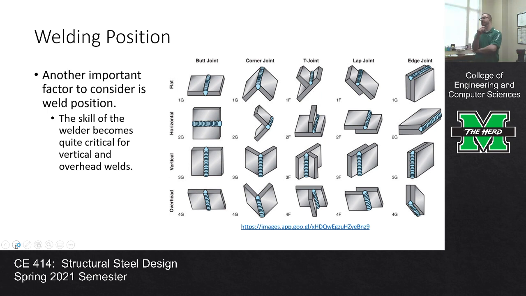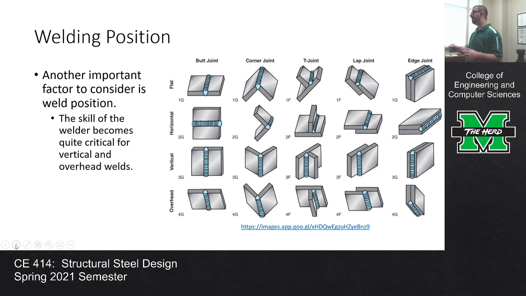The other thing I do want to mention, this doesn't really matter for structural design purposes, but it's something that I think you need to be aware of as an engineer, is the welding position. The welding position, if I'm the welder, is whether I'm welding it flat, or horizontally, or overhead, or if it's a vertical weld. I don't know if anybody in here has done any welding. One of the things that they'll tell you is if you look at this chart, the difficulty increases as you go down.